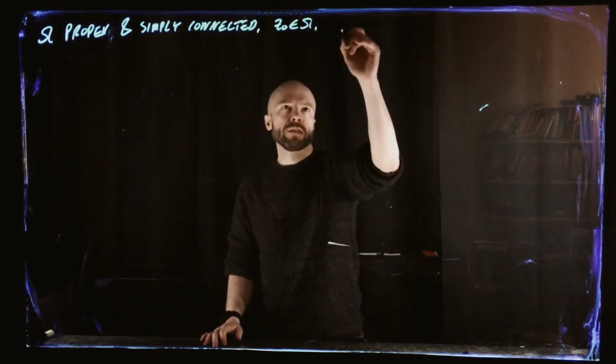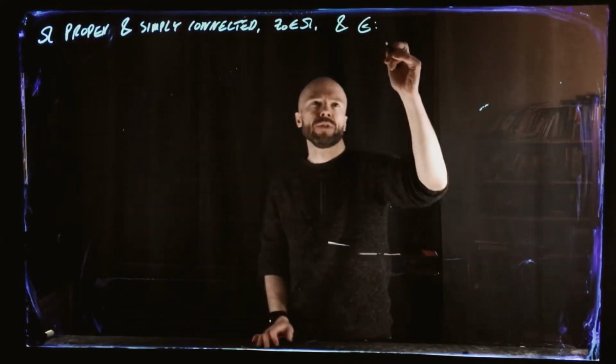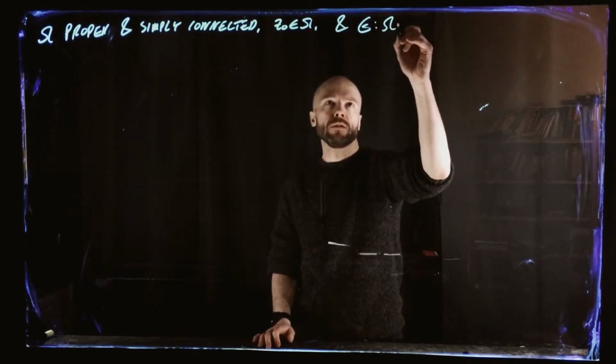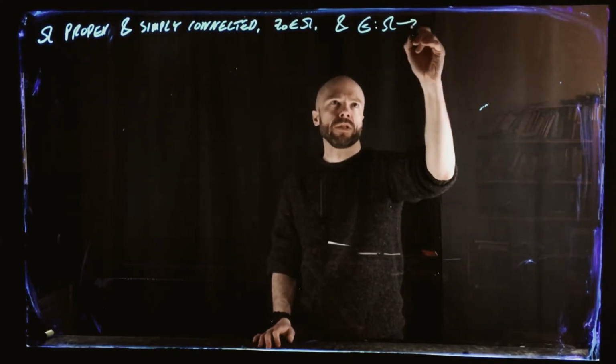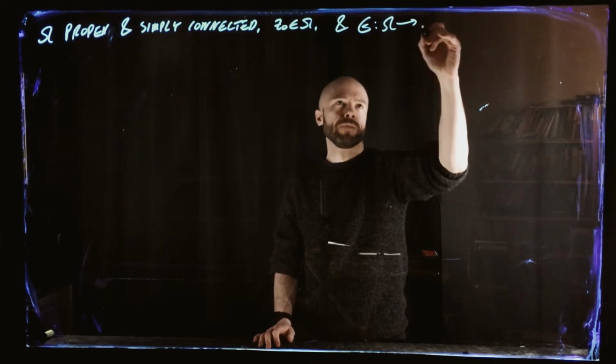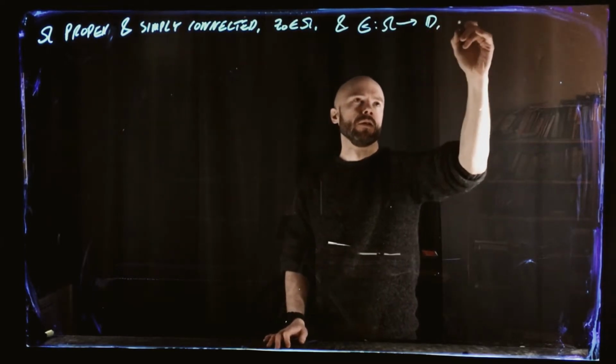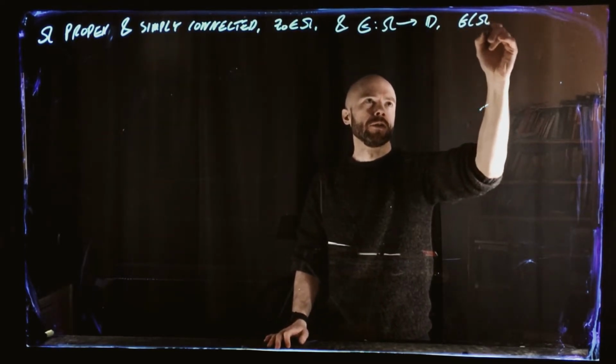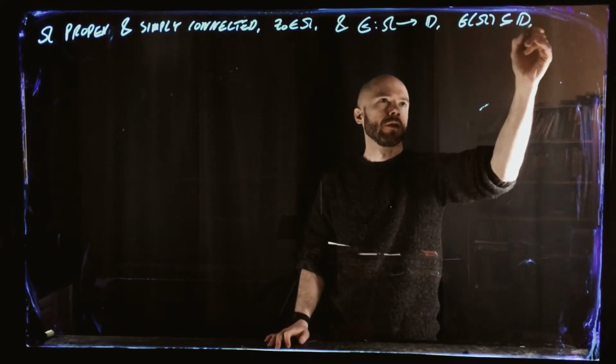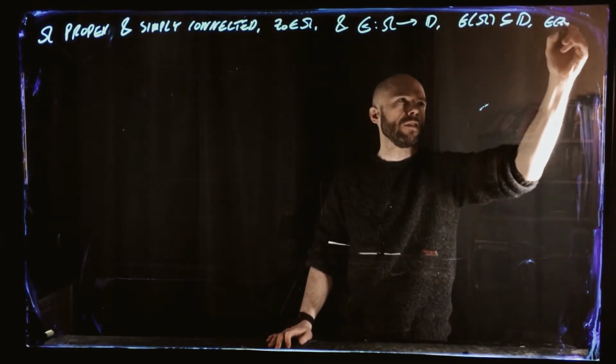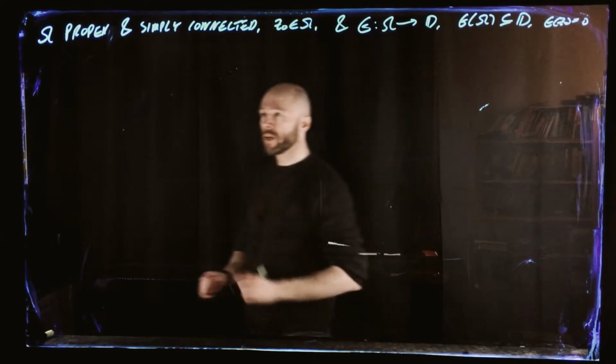And then we found this mapping g, which sends, well, everything's a conformal mapping, this thing into the unit disk, where g of omega is contained within the disk, and g of z0 equals 0. That's what we found.